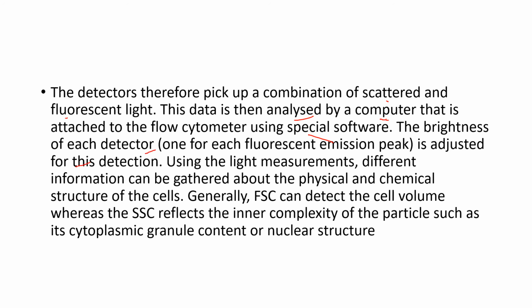Using the light measurements, different information can be gathered about the physical and chemical structure of the cell. Generally, FSC can detect cell volume because it scatters the light in the forward direction, whereas side scattered light reflects inner complexity, such as cytoplasmic granules and nuclear structure.